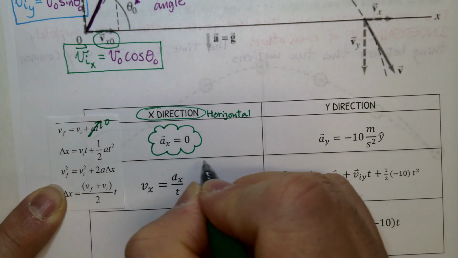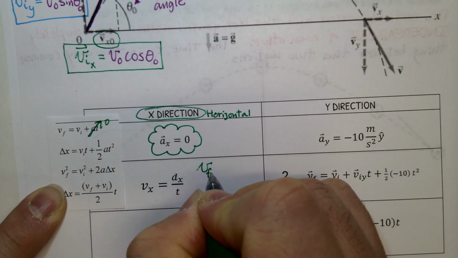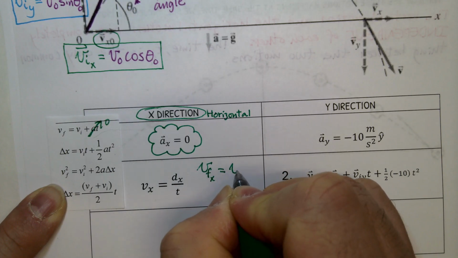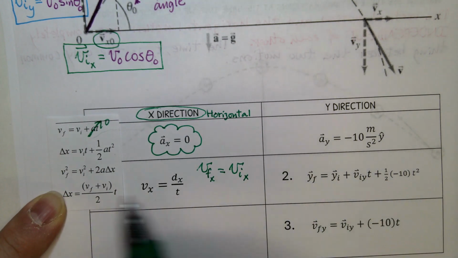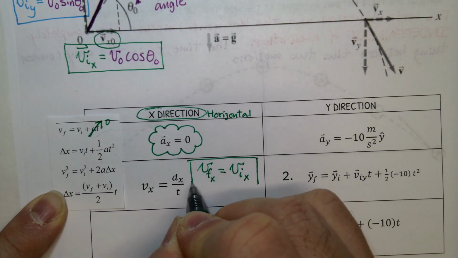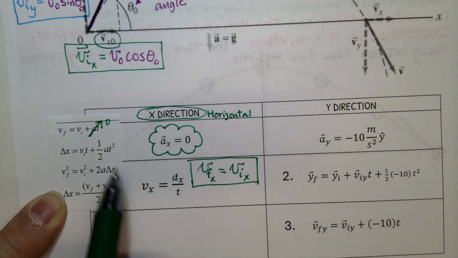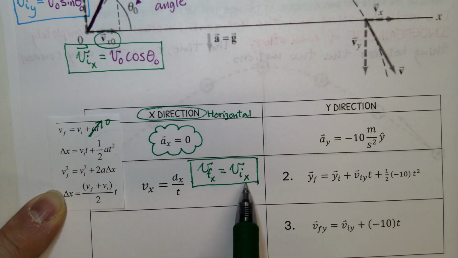So my first equation, equation number 1, becomes my Vfx is equal to simply Vix, because my acceleration in the x is 0. That means no matter what time, my velocity in the x direction will always be exactly same as my initial velocity in x.